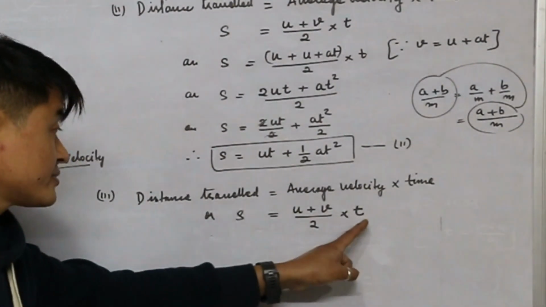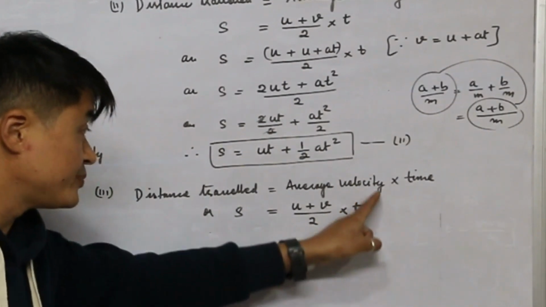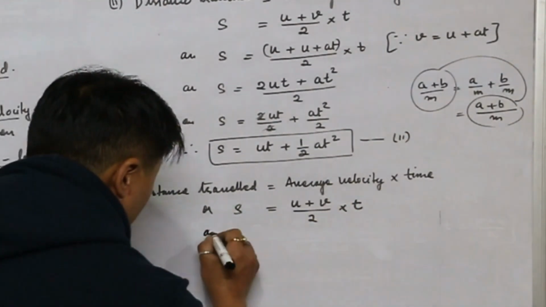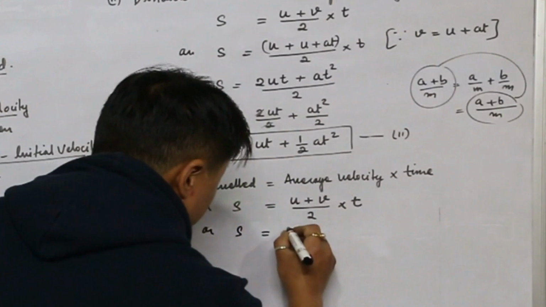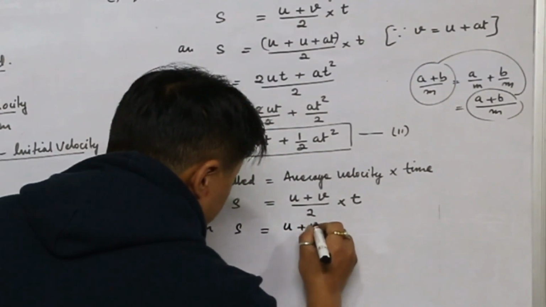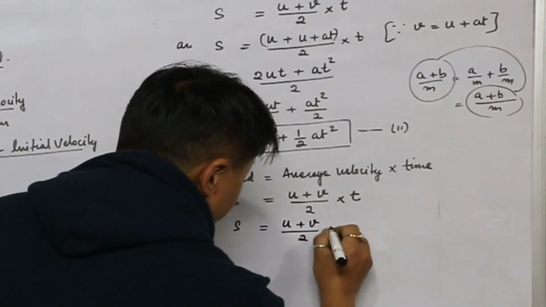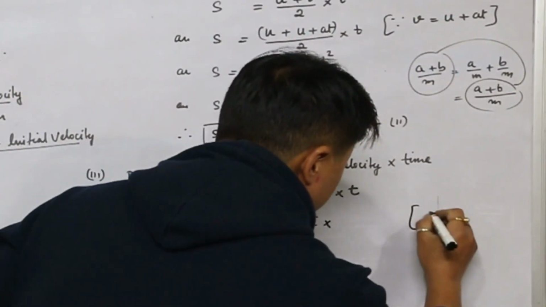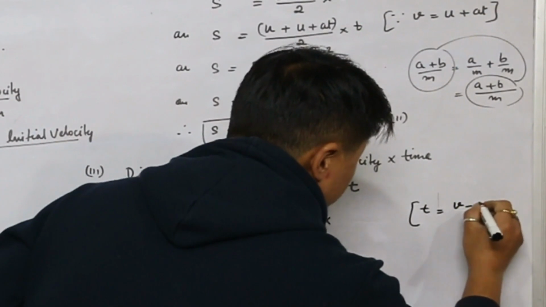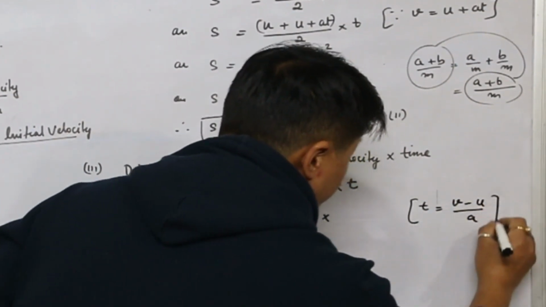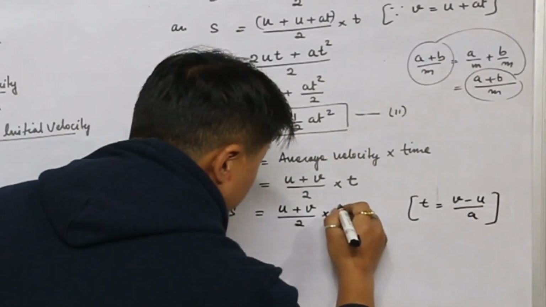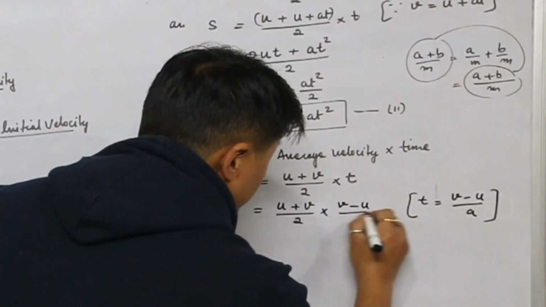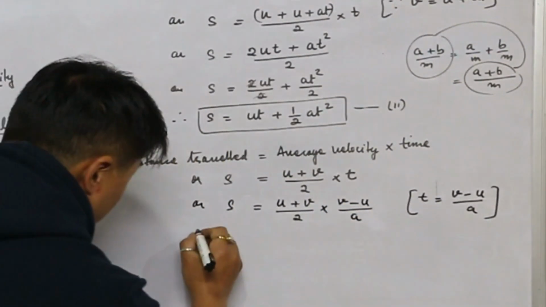So to derive the third equation, we have to replace t. Or s is equal to u plus v whole divided by 2 into t, and we know that t is equal to v minus u divided by a. We derived this earlier.